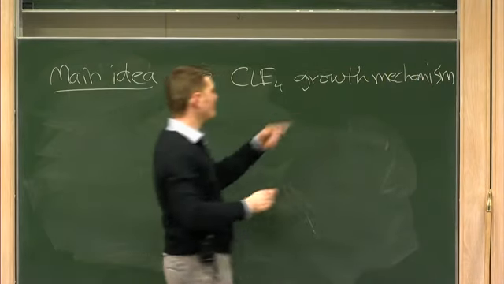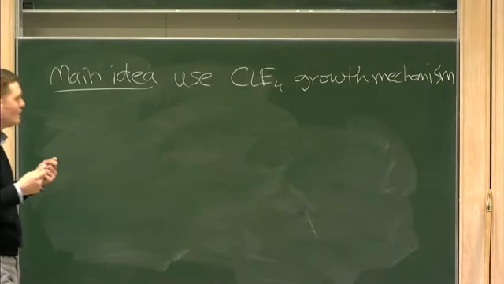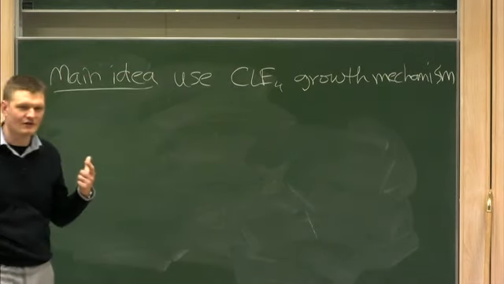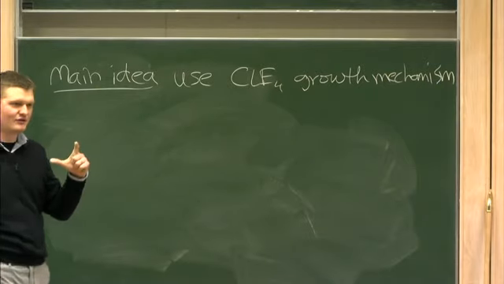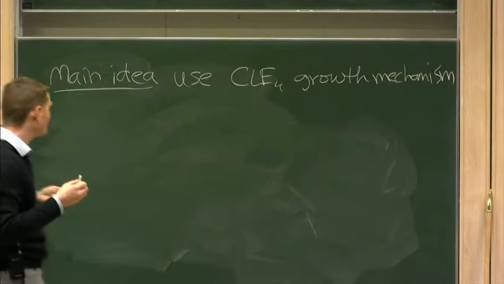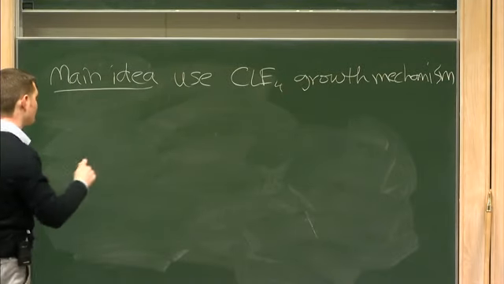So I'll use growth mechanism and the exploration process interchangeably. So what does it have to do with the distance? Well, the growth mechanism gives you a time parameter for each loop, and we're going to interpret the time parameter as the distance from the boundary.